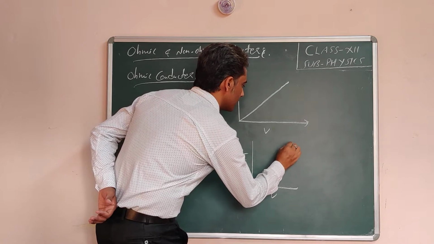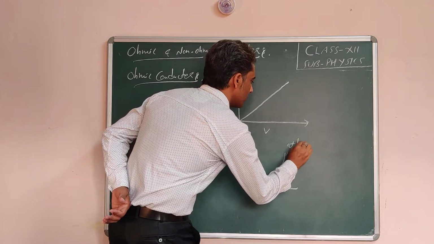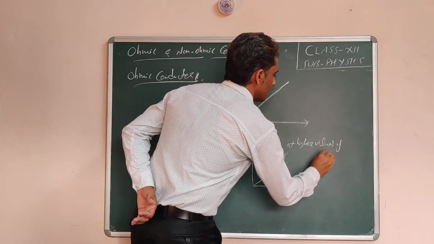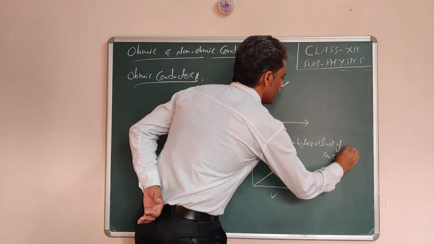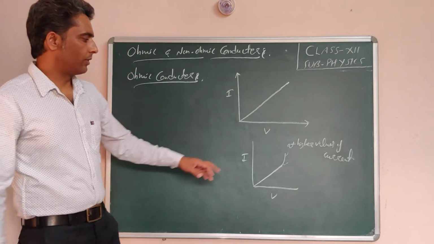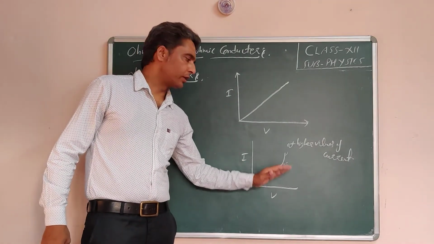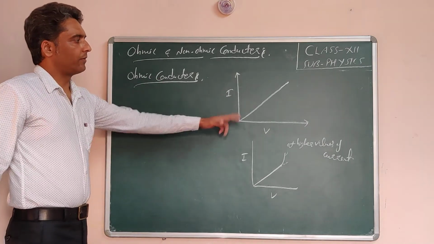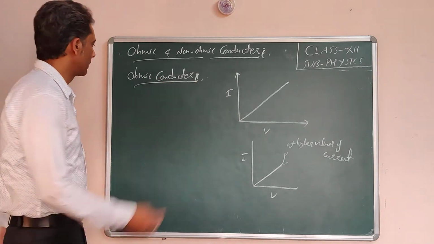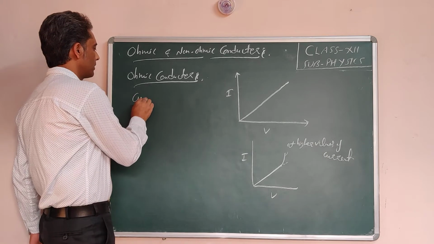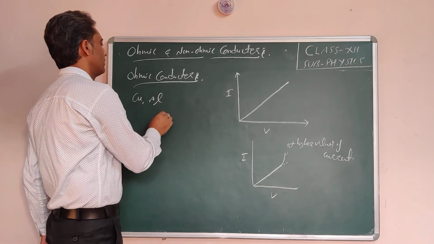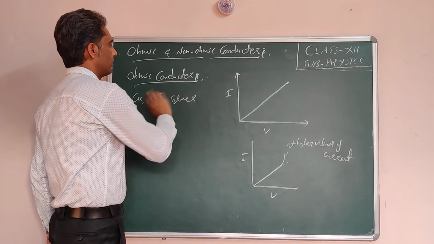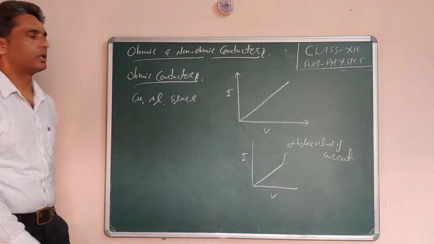So here the behavior of the conductor is changing from ohmic to non-ohmic. So in case of ohmic, the graph between V and I is a straight line. For example, you can write copper, aluminium, silver. So they are the examples of ohmic conductors.